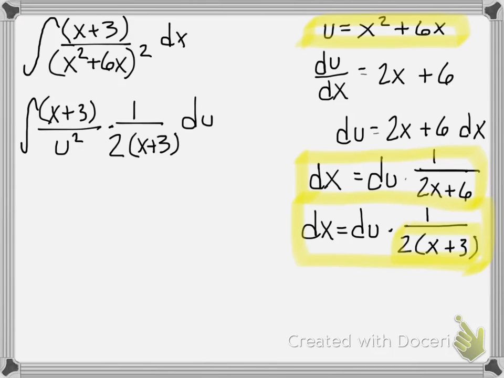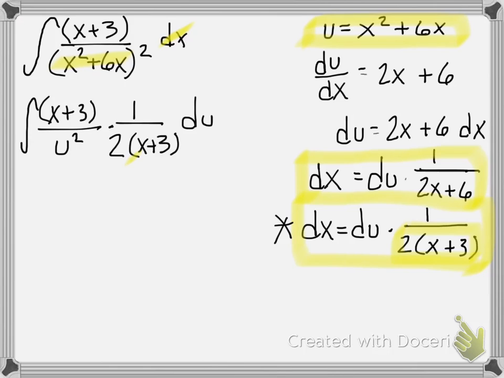Okay, so here you can see that I just rewrote the equation, plugging in everything that I found. The x squared plus 6x, I just subbed in u, which I'll set over there to the right. And for the dx, I just plugged in this dx with the denominator factored out.